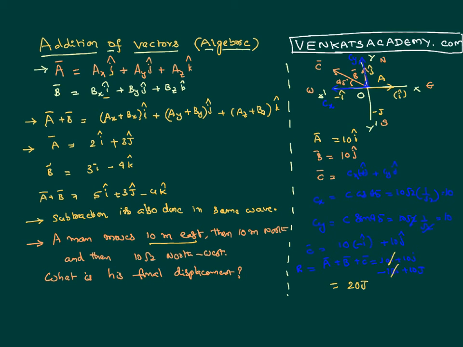So the answer is 20j cap. That j cap is a way of telling you that it has the direction of north. So the resultant displacement is 20 meters along the direction of north. This is how we are supposed to add vectors using vector algebra.